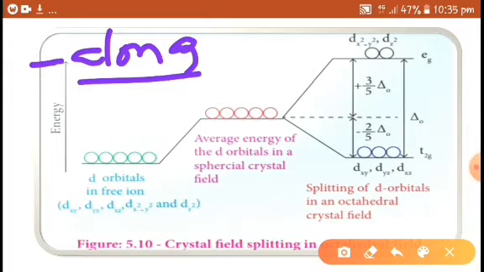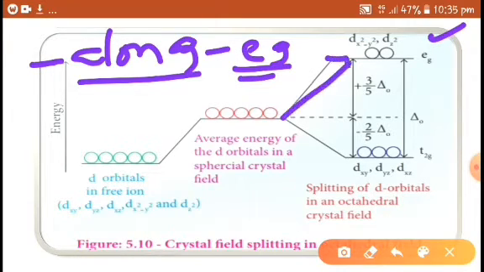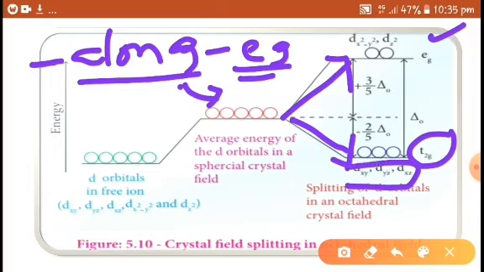So obviously the orbitals which lie along the axis, their energy will be increased, and the orbitals which lie between the axis, their energy will be decreased. T2g orbitals lie between the axis. In this way, d orbital splitting takes place in octahedral complexes.